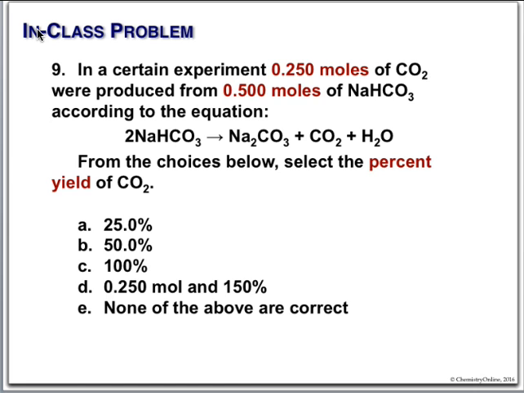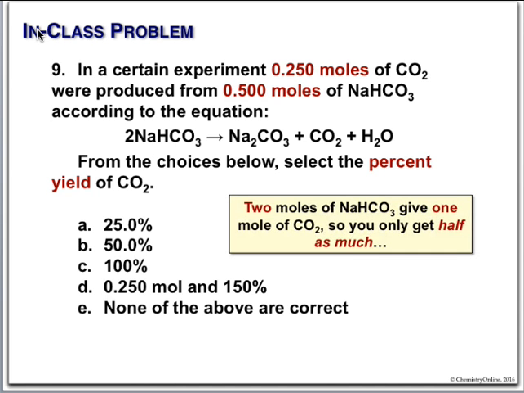But we don't have 2 moles. We only have 0.5. So our theoretical yield is going to be half as much. We have 0.5 moles, half of that is 0.25. So that's our theoretical yield.